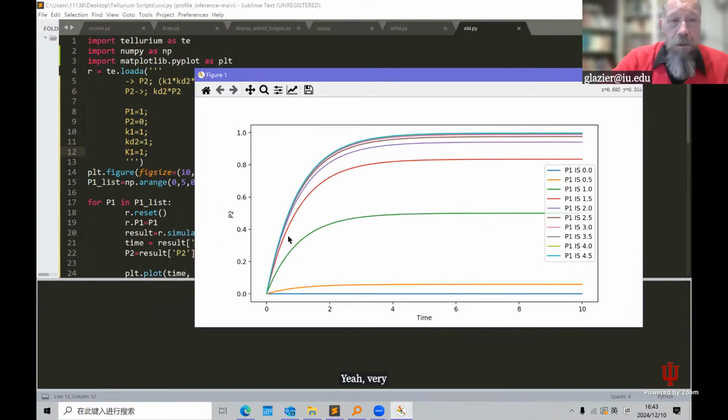So now what you want to do is ask the question, at what time does P2 reach some target value?